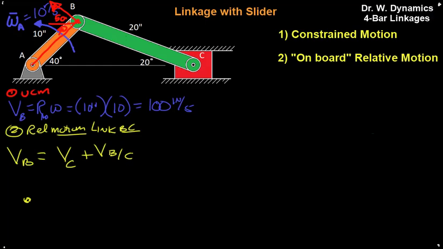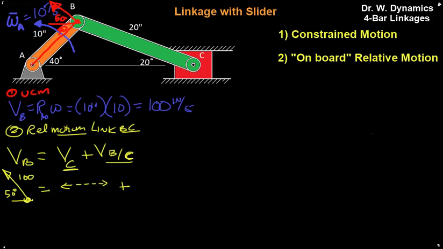So the velocity of B is right here. It's 100 inches per second, and it makes an angle of 50 degrees. And that's going to equal the velocity at C, which I don't know its value, but I do know that it has to be straight line motion. So it's going to look like that, plus the velocity of B with respect to C.